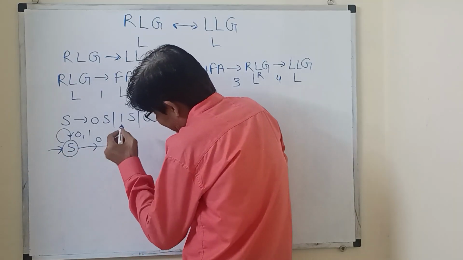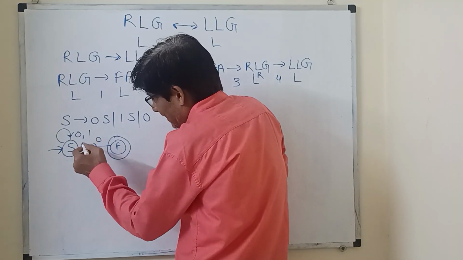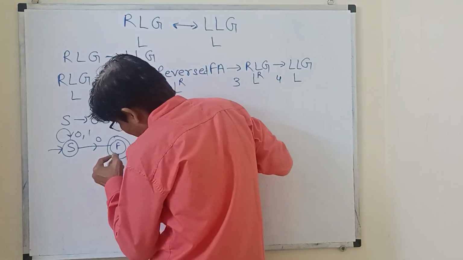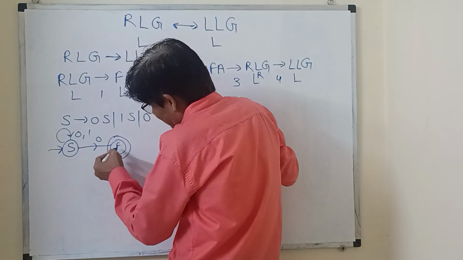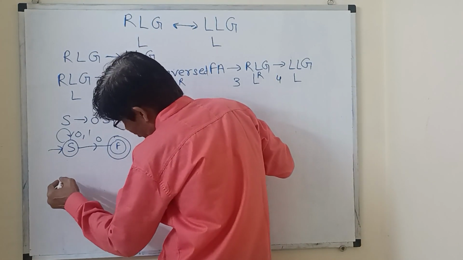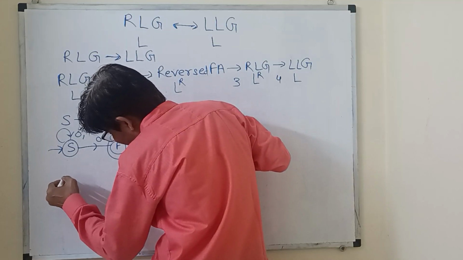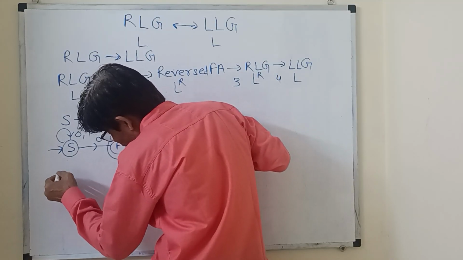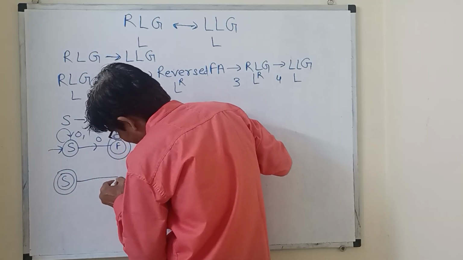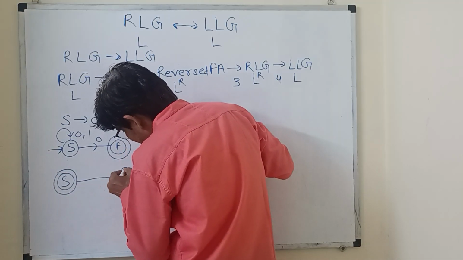In this particular finite automata, we have only two states, one initial and one final. So I will exchange these two states: I will write S as the final state, and F as the initial state.